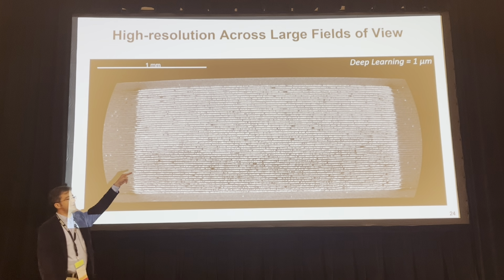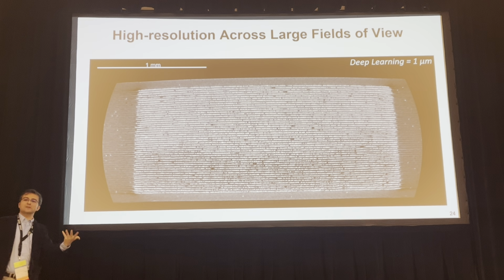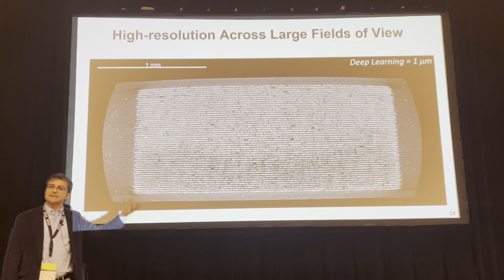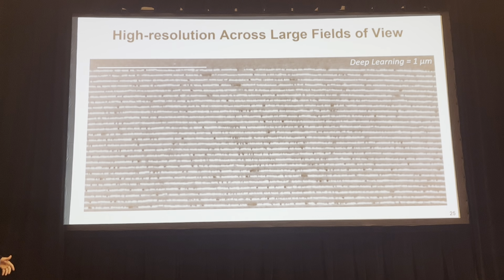This is reconstructed with deep learning algorithms. So you have recovered some of the resolution features in a larger field of view with less data. You don't have to collect a bunch of small field of view scans and then stitch them to get the full field of view at a good enough resolution.